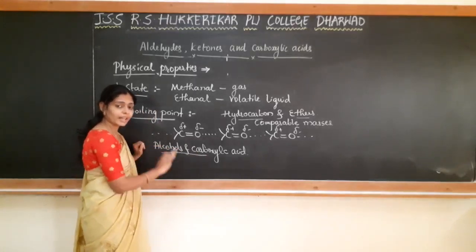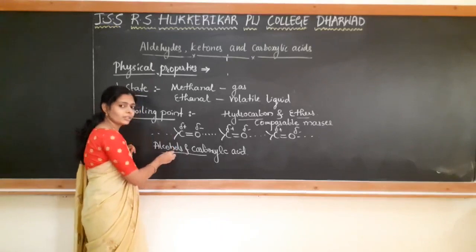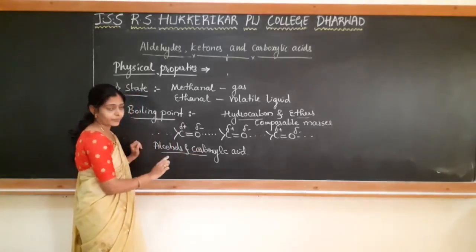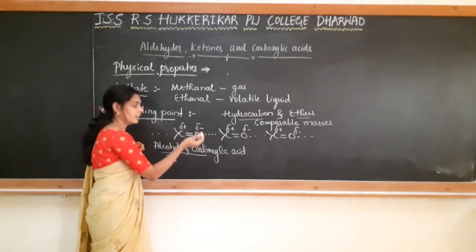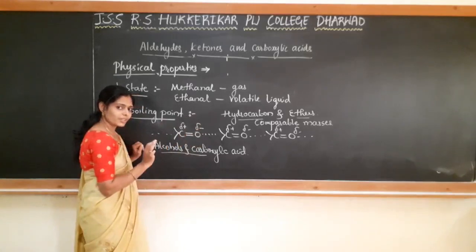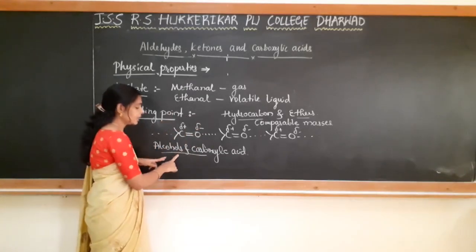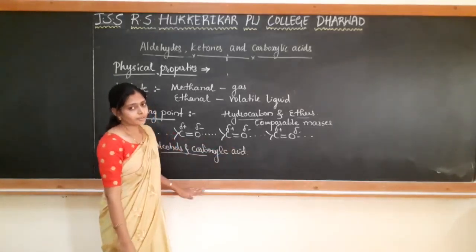Aldehydes and ketones will have a lower boiling point, because in alcohols and carboxylic acids there exists strong hydrogen bonding, which is not present in aldehydes and ketones. Here just the dipole-dipole interaction is present. That's why they have a lower boiling point compared to the alcohols and carboxylic acids of comparable molecular masses.